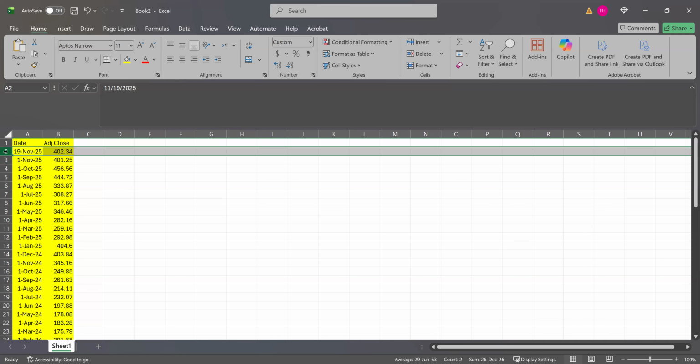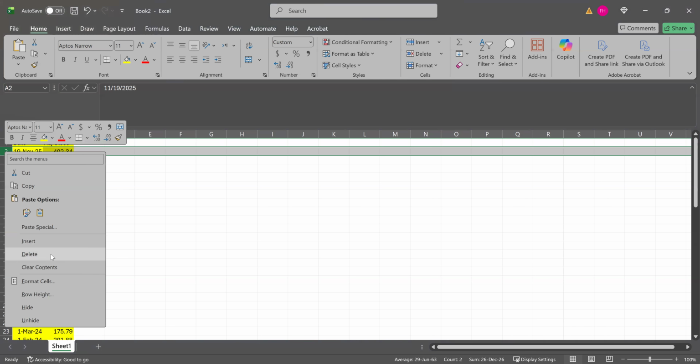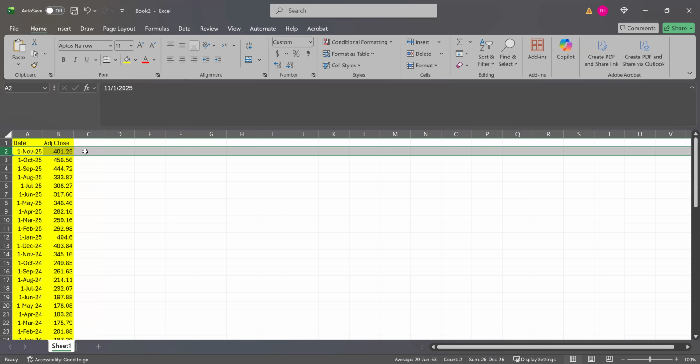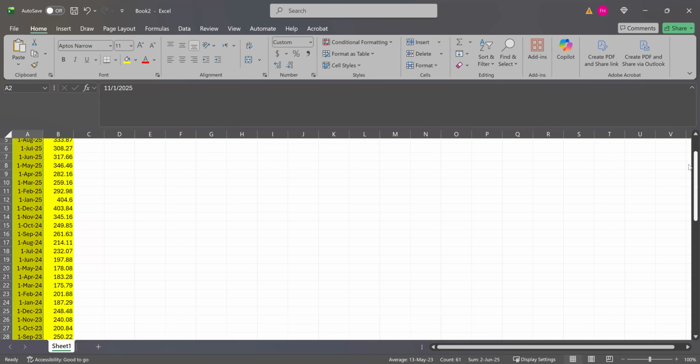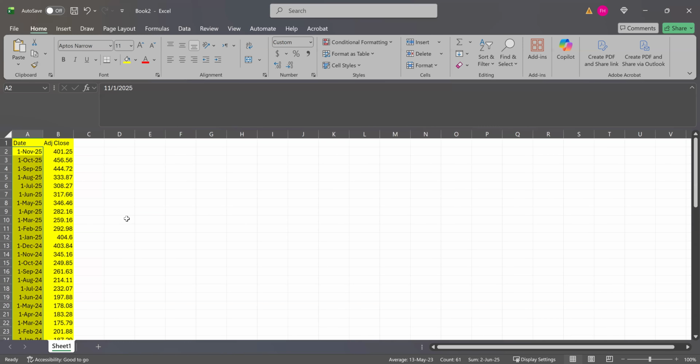For me now, I'm gonna delete this, but for you, you can keep it. And the other thing is that in order to estimate beta, you're gonna need 60 observations for the return. And to have 60 observations for the return, you're gonna need 61 observations for the prices.